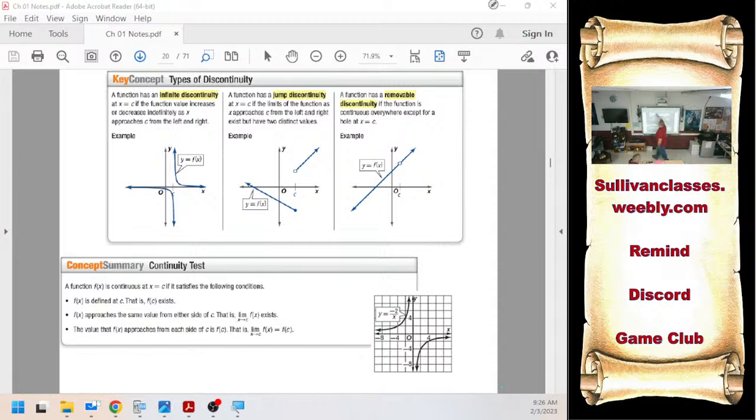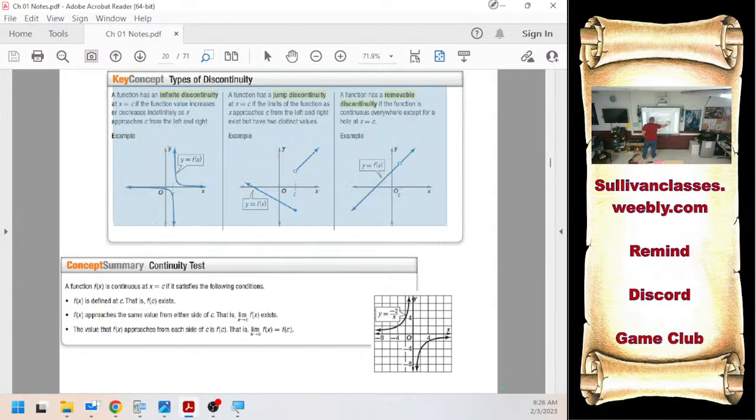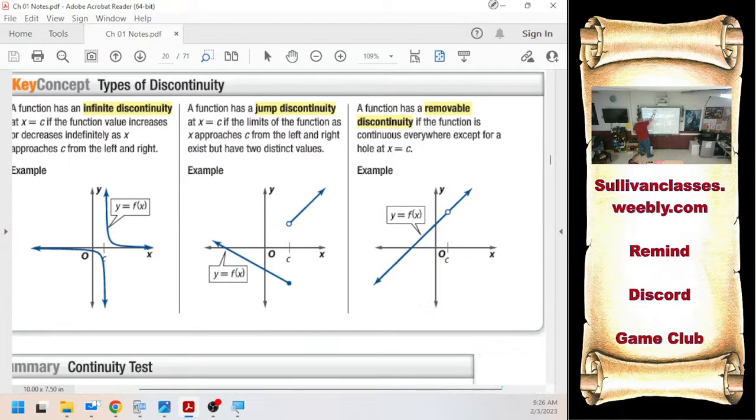The three types of discontinuity that we see are infinite, jump, and removable. Infinite discontinuity. Think about this if I'm looking at the limit of this function as x approaches c. Well, approach it from the left side. Where are the y's going?